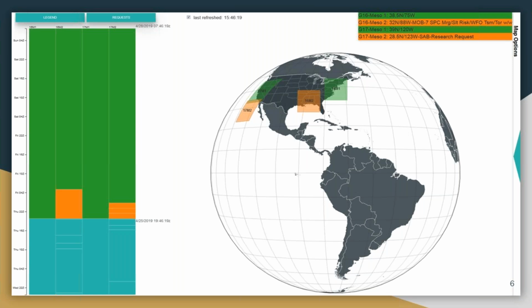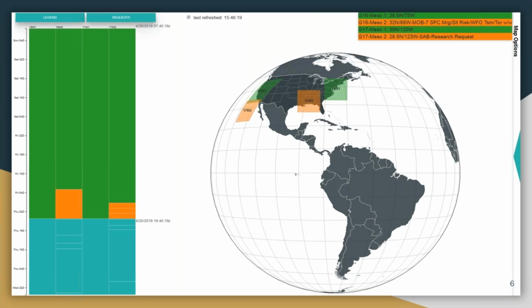And so from that perspective, the GOES 16 mesos look like squares, and the GOES 17 mesos look like they're draped over the Earth from somewhere else. So on the left, you got a timeline. The time goes up, so the stuff in blue already happened. The stuff in orange is going to happen, and orange and green. And if you were to hover over different areas in there, you would see the little mesos move around, so you get an idea of what happened, or what's going to happen and when.